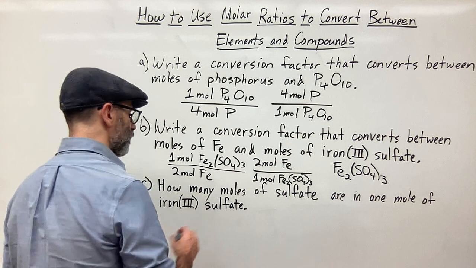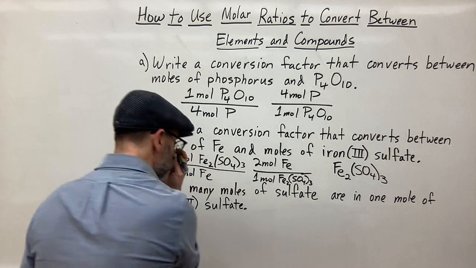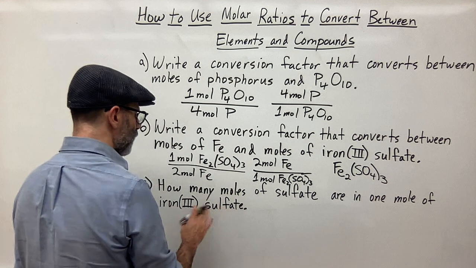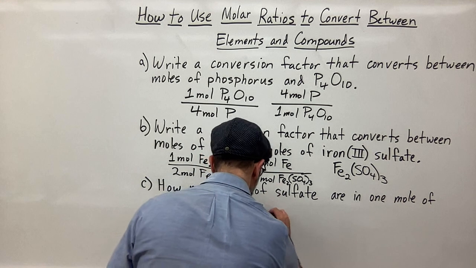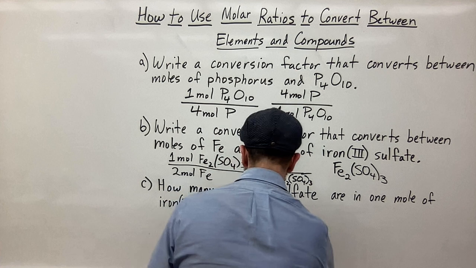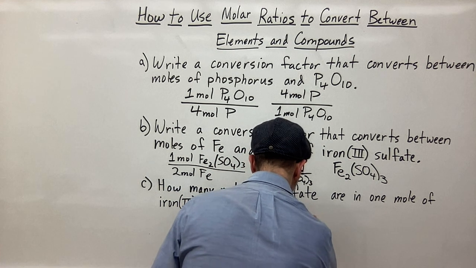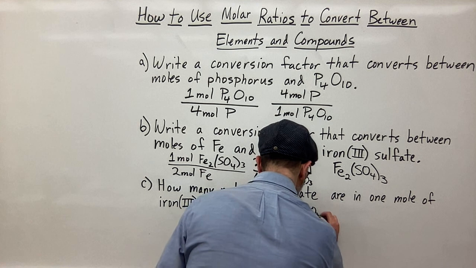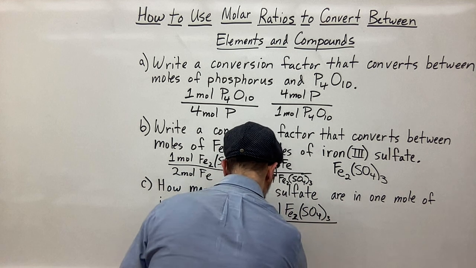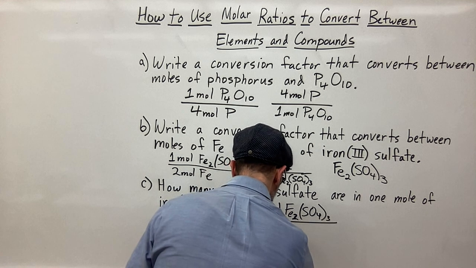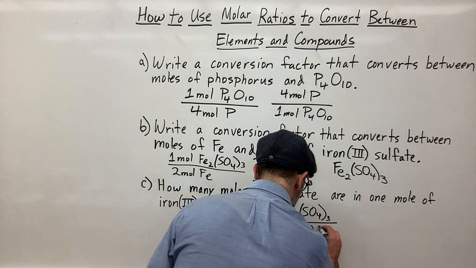So if I write the conversion factor for this, it would be 1 mole of the iron 3 sulfate, Fe2(SO4)3, over, and then we have 3 moles of the sulfate ion.